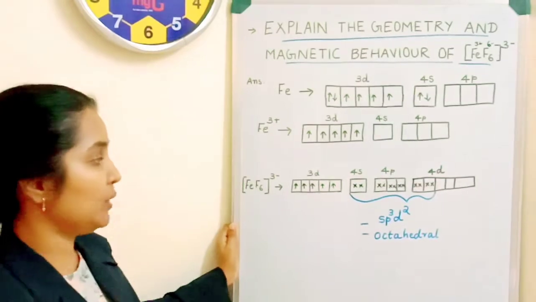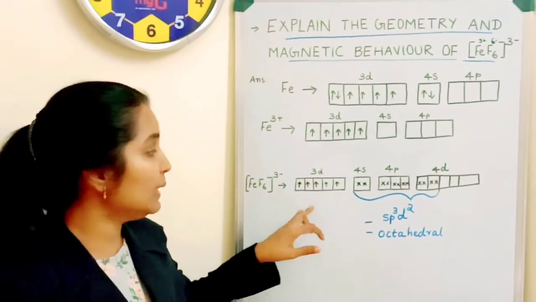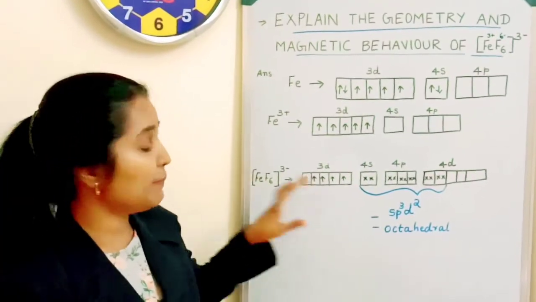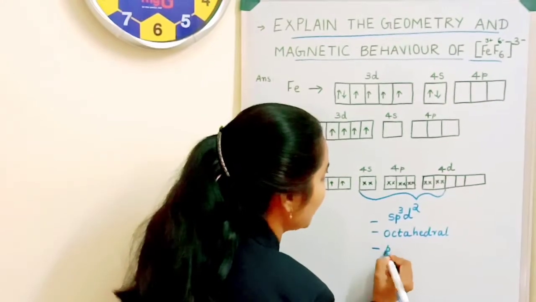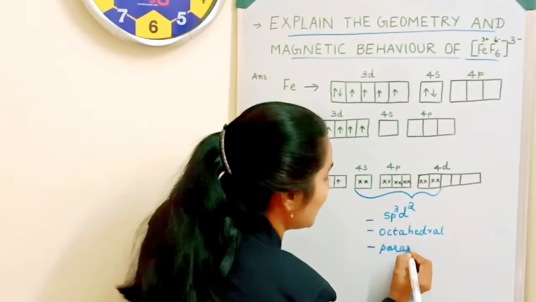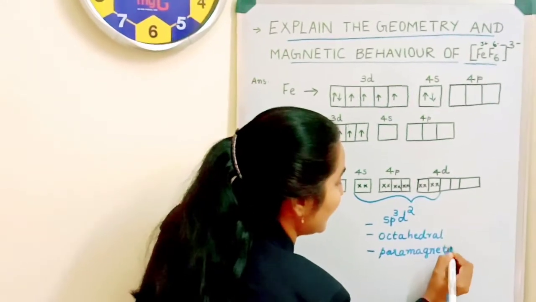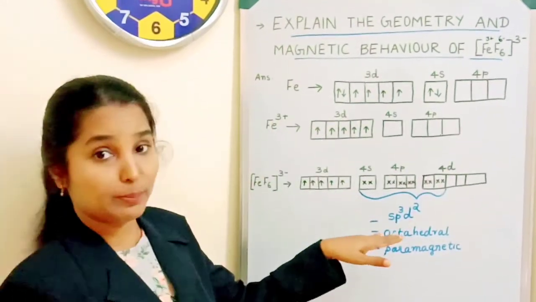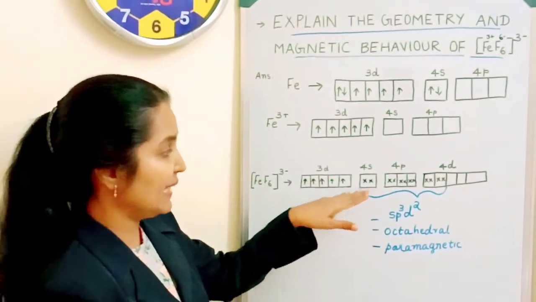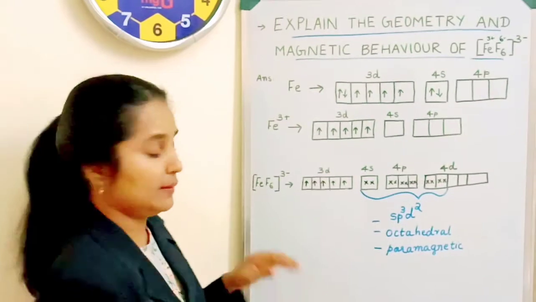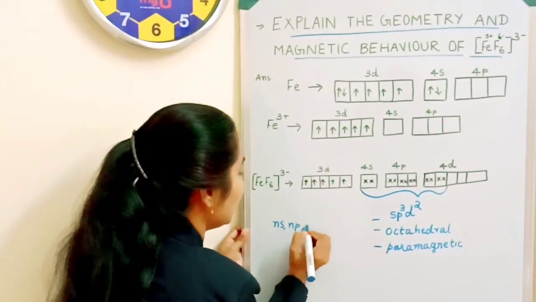And then looking into the magnetic behavior, we can say this is paramagnetic, strongly paramagnetic, because a large number of unpaired electrons are present in the given complex. So it is paramagnetic in nature. And it is an outer orbital complex because the orbitals involved are ns, np, nd.